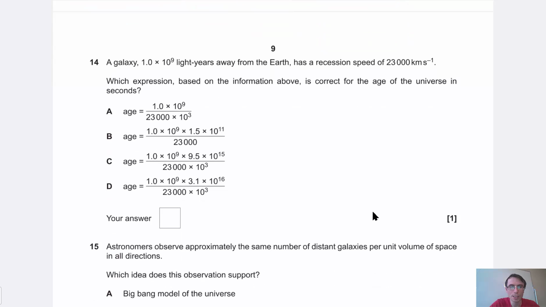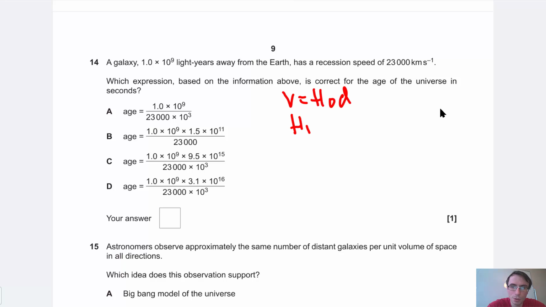Question 14. A galaxy this many light years away from the Earth has a recession speed of 23 kilometers per second. Which expression based on the information above is correct for the age of the universe? Okay, well, we can calculate Hubble's constant from this speed. So I'm going to use v is equal to H naught multiplied by d.